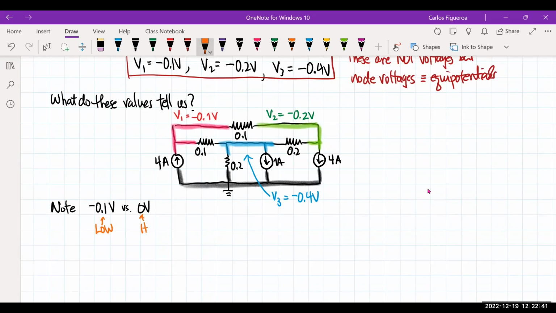This guy right here is the high. So what this does is it tells us about the height that a charge falls. The electrical height is the difference in voltage. And in this case, we go from the high to the low. And that value is always positive.